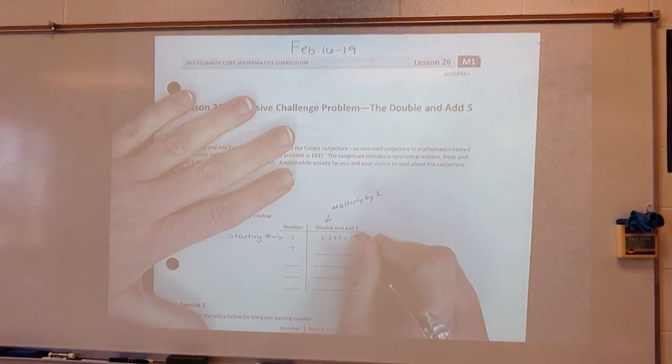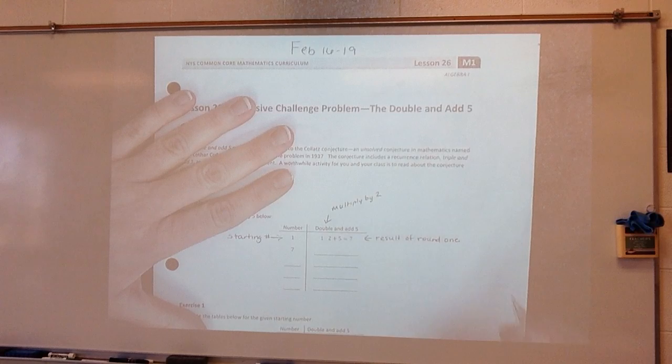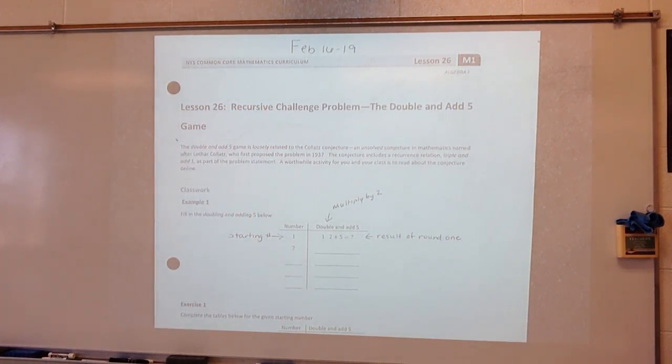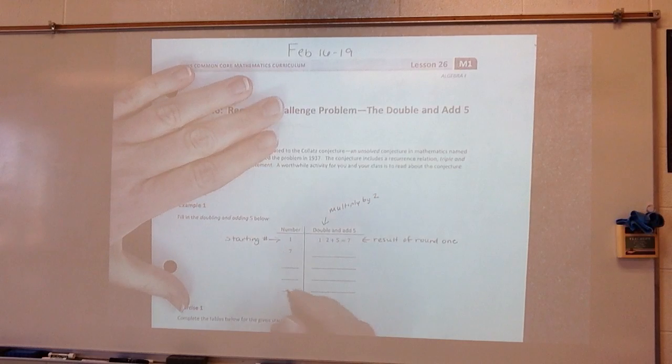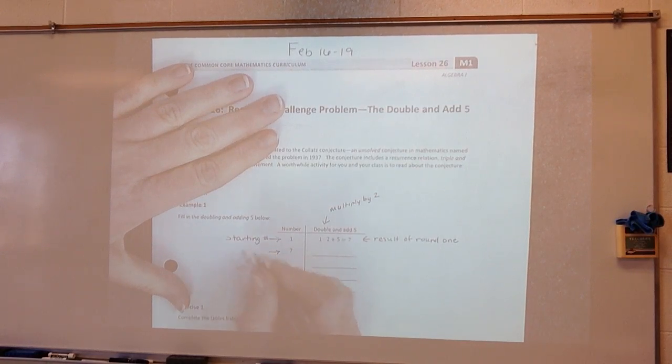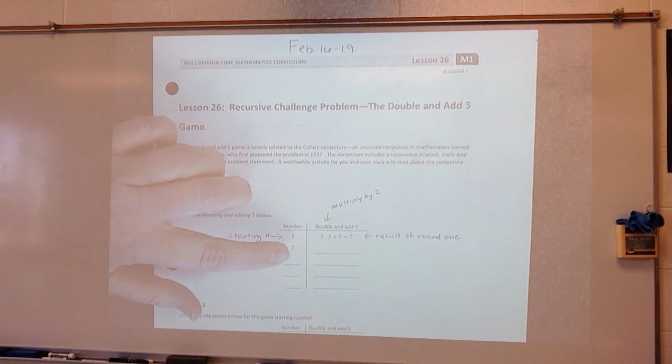I get the result of round 1. Now I'm going to take that answer and that's going to become my starting number. So now 7 is my starting number.